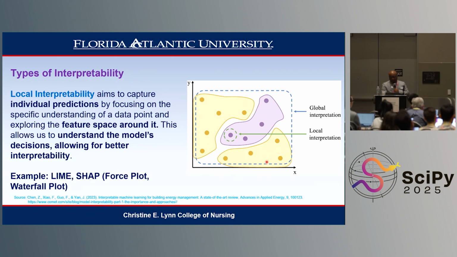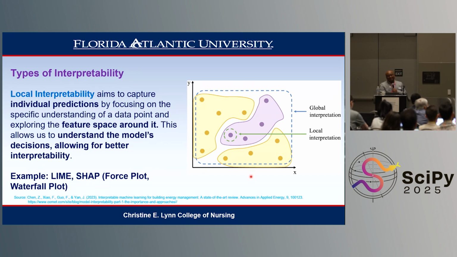These are the ideas why local methods are needed. I'm not going into details. A local method explains the individual prediction. Local interpretation raises the question: why did the model make a specific decision for a particular instance or for a group of instances?